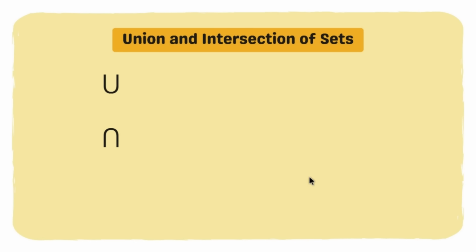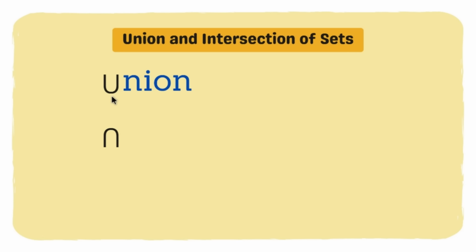Okay, just for you to remember this easily, para hindi po tayo malito at para mas madali nating matandaan, ito po yung dalawang symbol ng ating operation. We have here the union. It's like a letter U, and then we have here the intersection. It's just like an inverted letter U. So para mas matandaan natin, we can use these mnemonics.